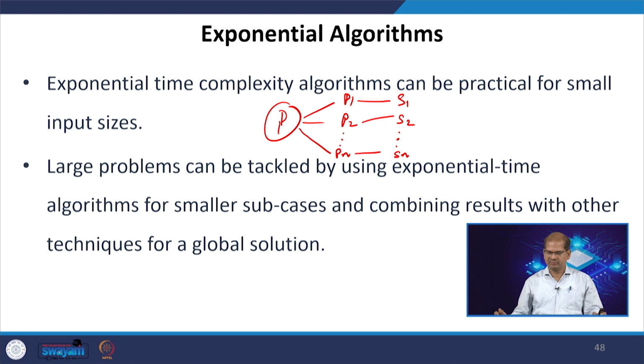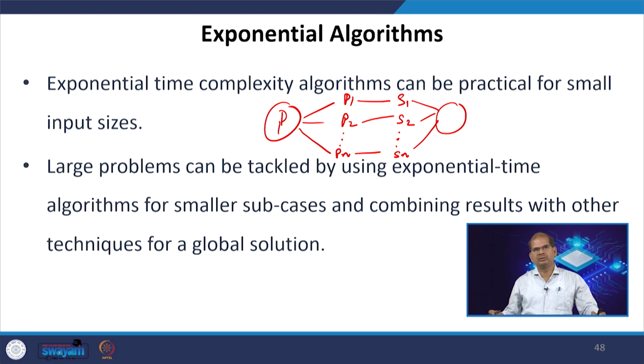Then I can merge all of them using another technique which will not take exponential time. So I can find the solution of the problem statement in less time. Even if we are not getting the global solution, we will come closer to it.